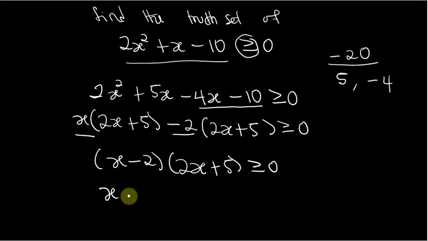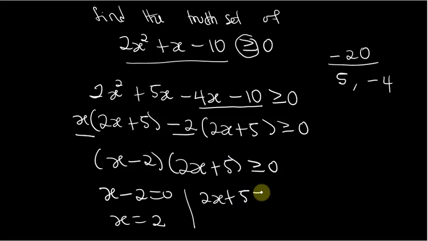So we get x minus 2 is equal to 0. We have x to be equal to 2. We take the 2x plus 5 is equal to 0. We have 2x is equal to negative 5.